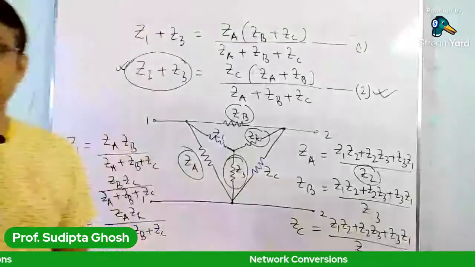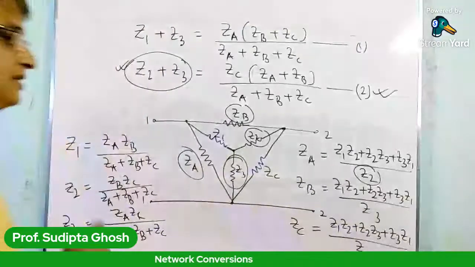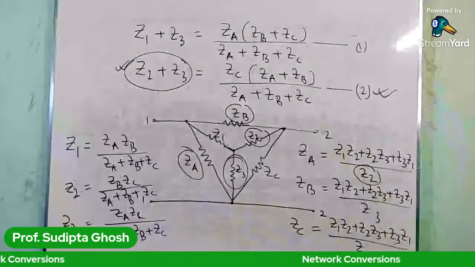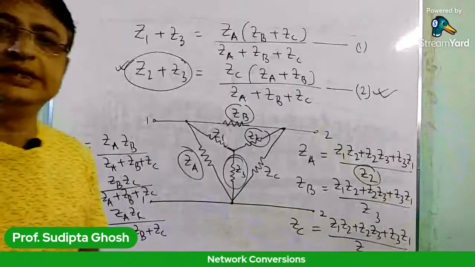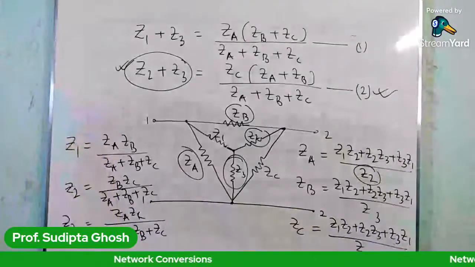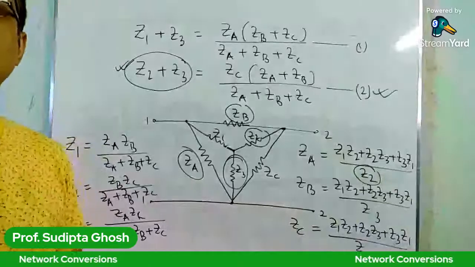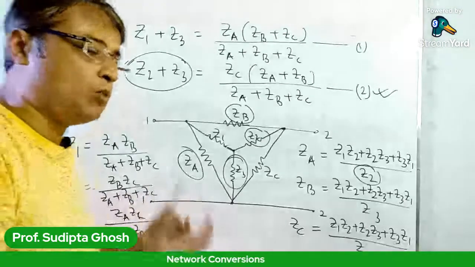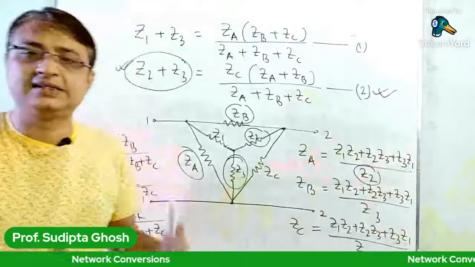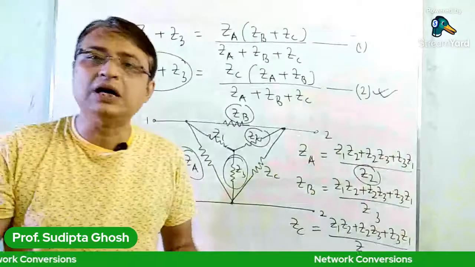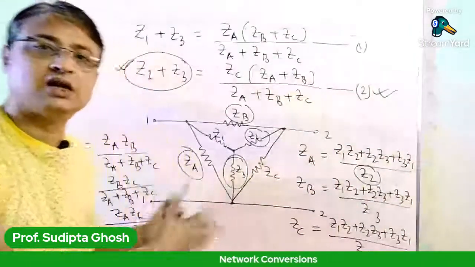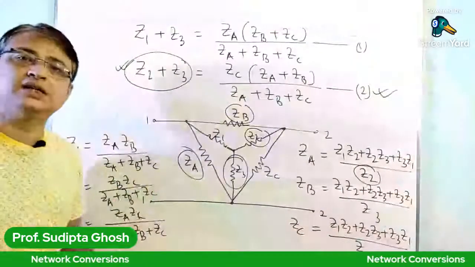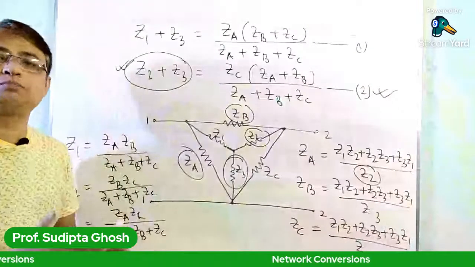So I think with this shortcut method, you can remember how to write these conversion equations, because this is the most important part of this discussion. Without remembering these six equations as a whole, you cannot proceed further.